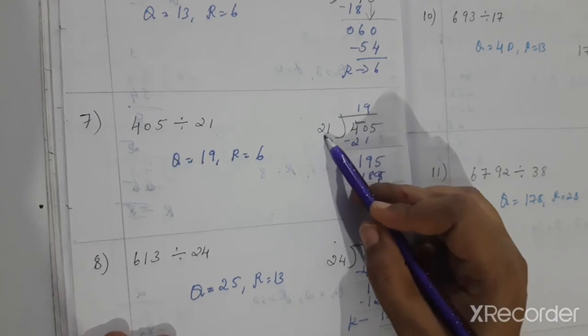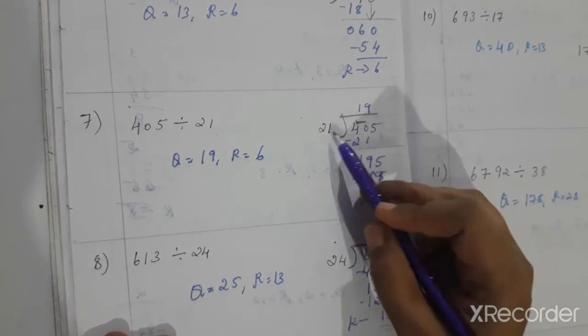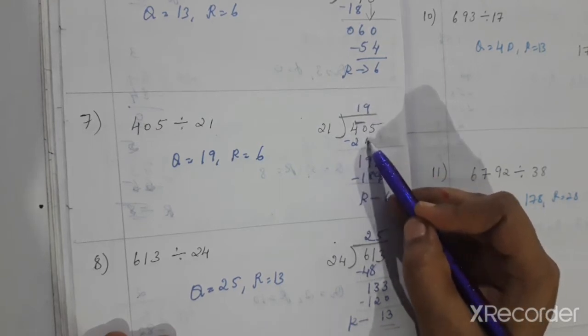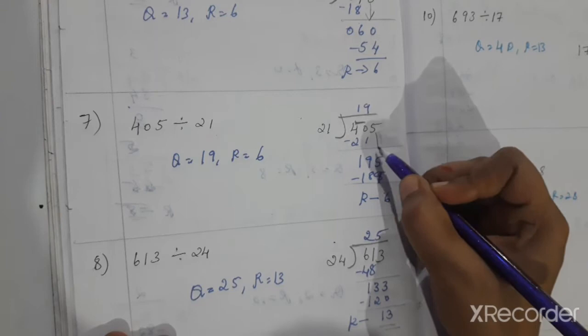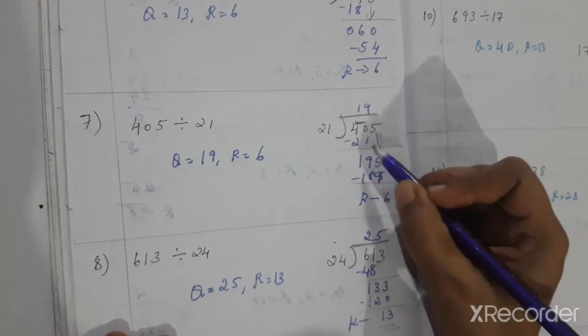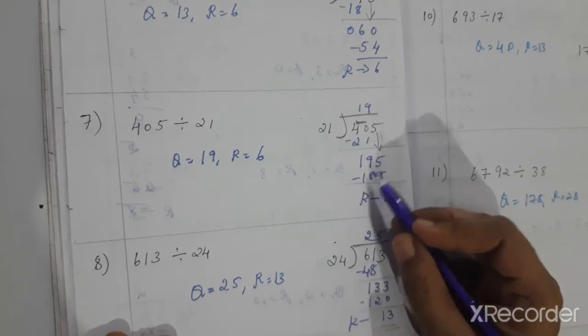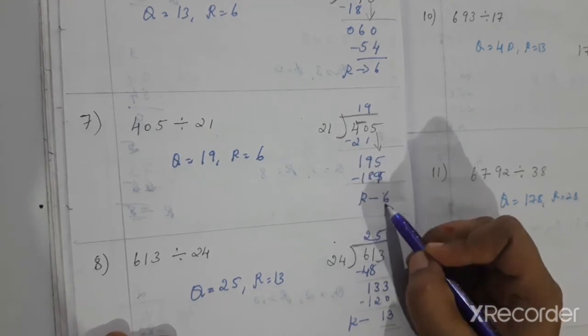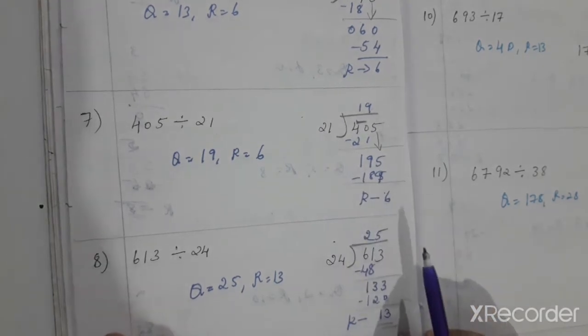So 40, how much of 21 is nearer to 40? 21 2s is 42, greater than this. So 21 1s are 21. 40 minus 21 is 19. Then bring this 5 down, 195. 21 9s are 189, that is the nearer one. Subtract, 195 minus 189, remainder is 6. So quotient is 19, remainder is 6.